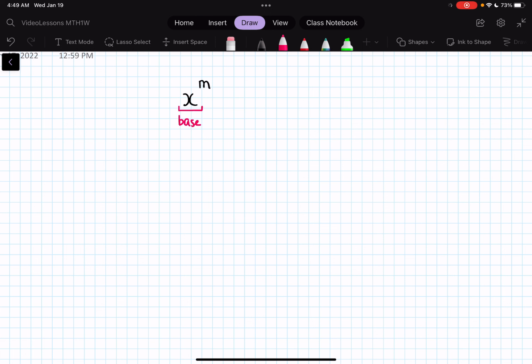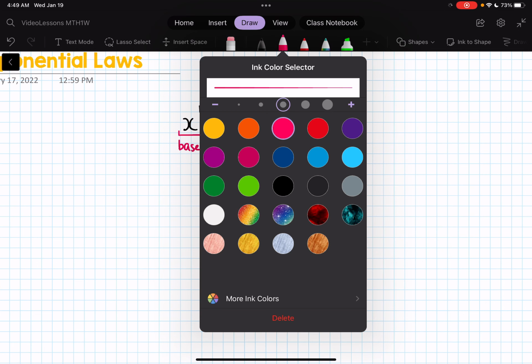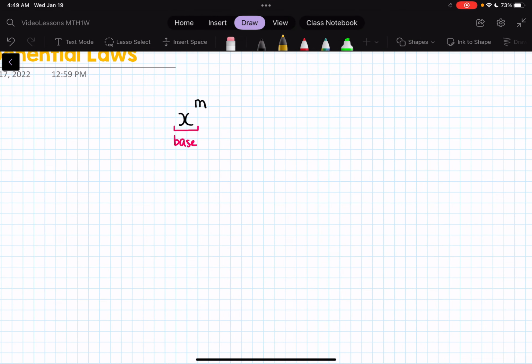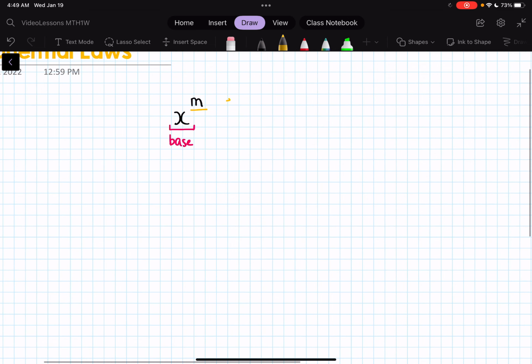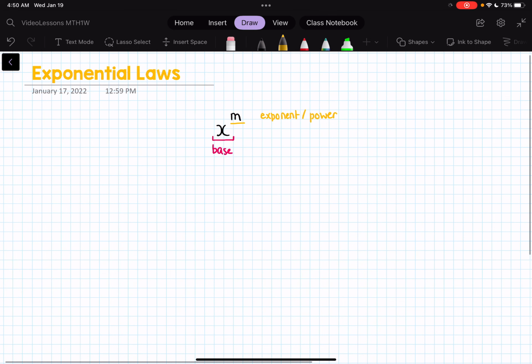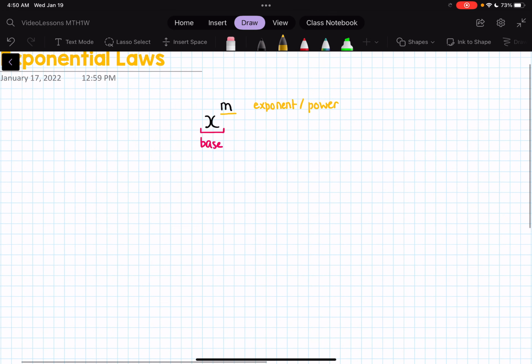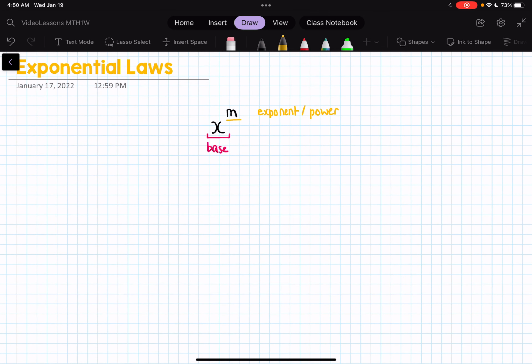And then up here, m is what we call the exponent or the power. Sometimes you'll see the word index being used, but we won't be using the word index, so we can use exponent or power.